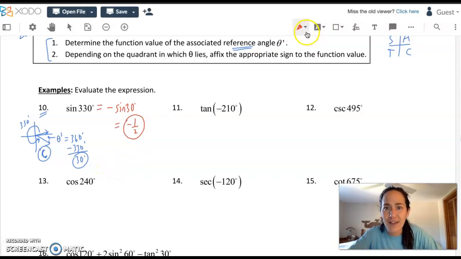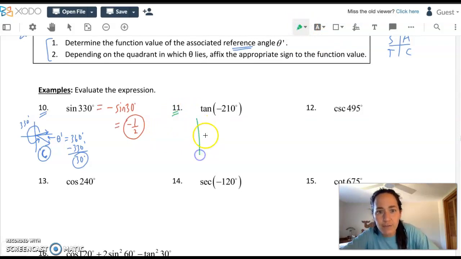Okay, yikes, negative 210. Man, we're seeing a lot of, I bet you this one's going to have something to do with 30 as well. Let's find out. Can we first get a reference angle? So negative 210. Start at 0, right? Initial side. You're going to travel clockwise 210 degrees. So that's past 180. 210 this way.